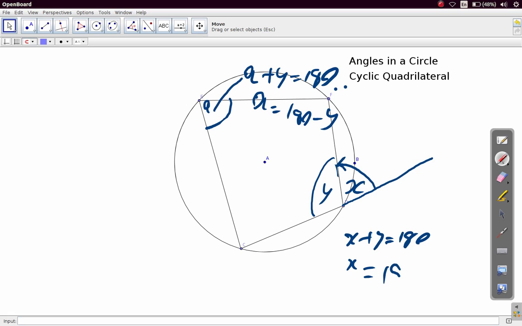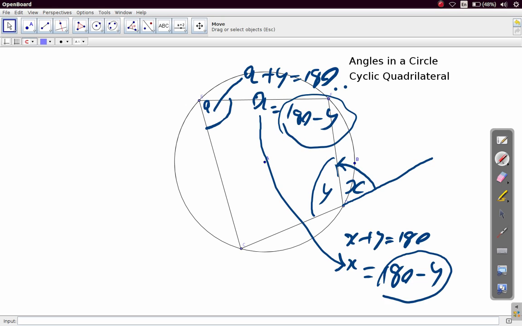X is equal to 180 minus Y. Hold on. You notice we say A is equal to 180 minus Y and X is equal to 180 minus Y. So if A is equal to this and X is equal to the same thing, then X and A must be the same thing. So let's just get rid of the A and call it X because it's the same, it won't make a difference.